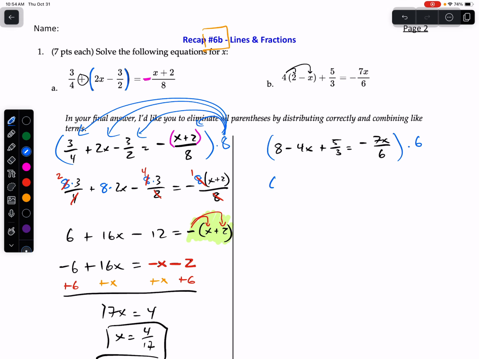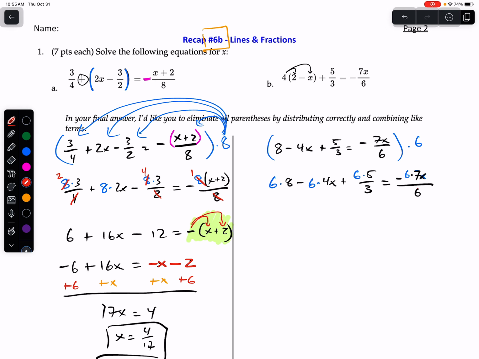So I get 6 times 8 minus 6 times 4x plus 6 times 5 over 3 equals, whoops, I forgot the negative sign, negative 6 times 7x over 6.